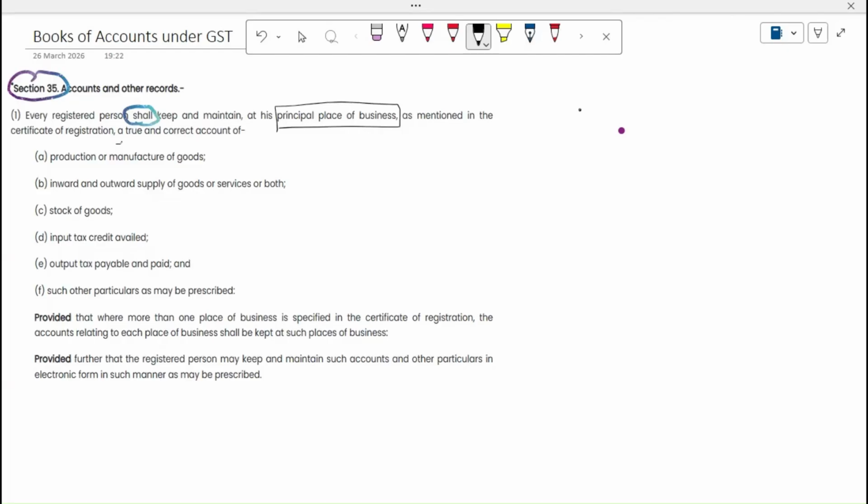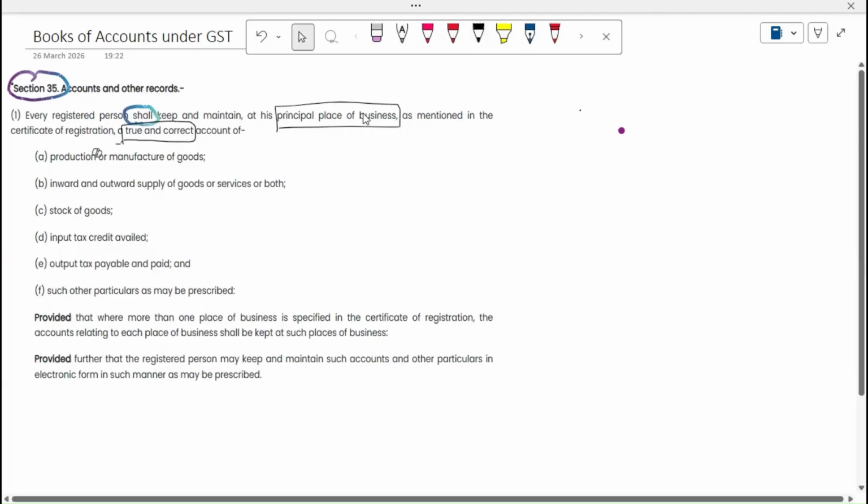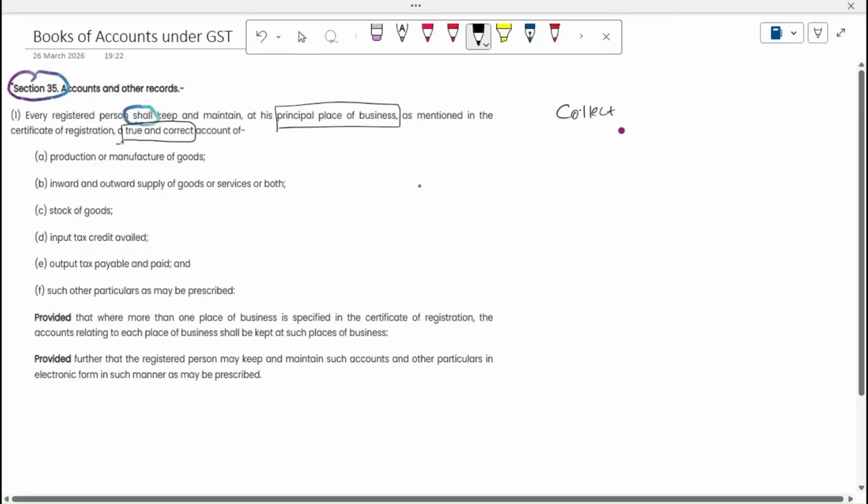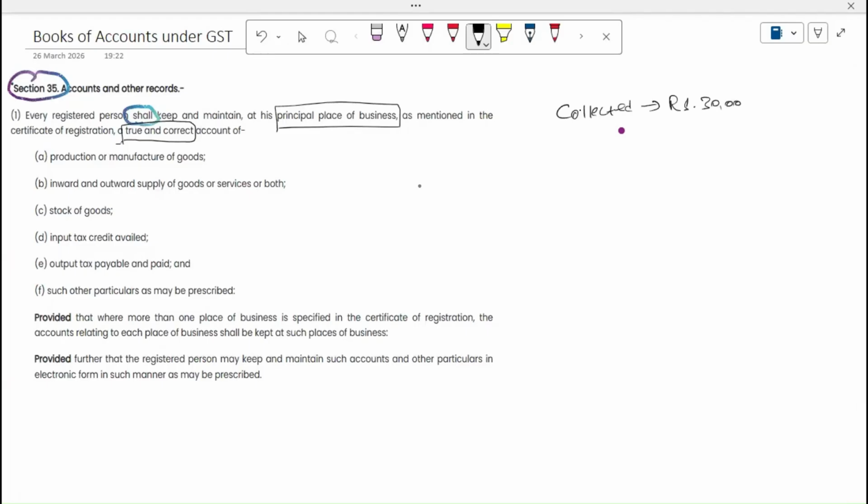What are they asking? The books of accounts should be true and correct. The books of accounts are not merely maintained, as in, sir, I maintain Tally, I maintain purchases. They should be true and correct. That means they should match the actual transaction. To take one example, say I have collected rupees 30,000 from a student.